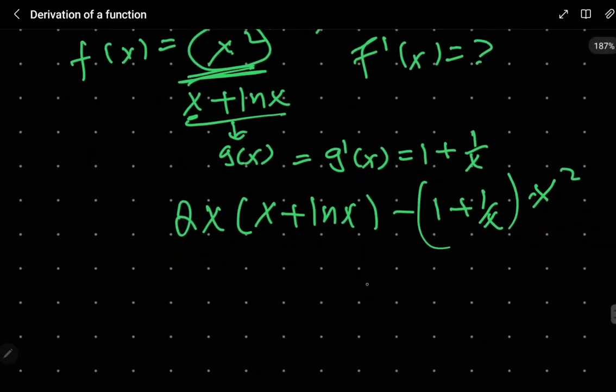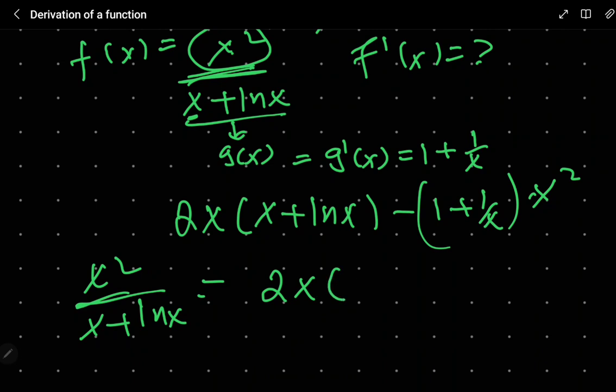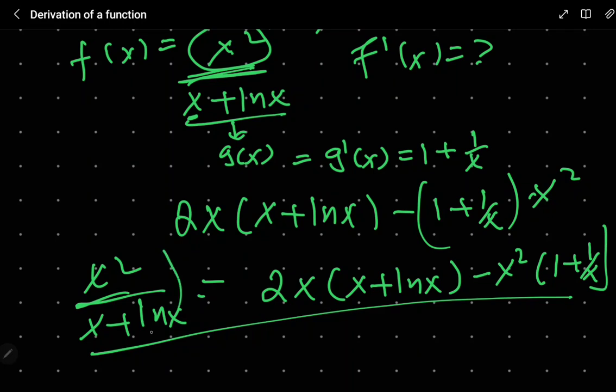So the derivative of x squared over x plus ln x is 2x times x plus ln x, minus x squared times 1 plus 1 over x. So this is the derivative of this function, by the quotient rule.